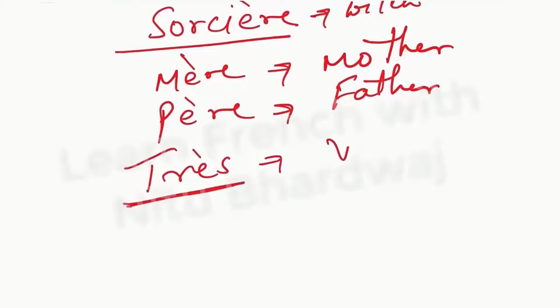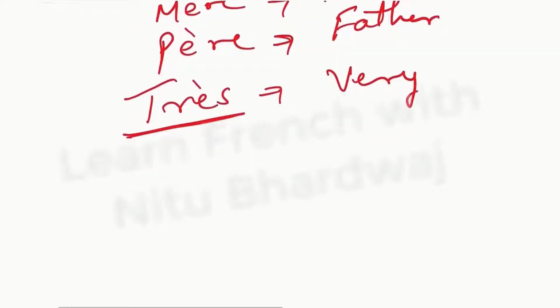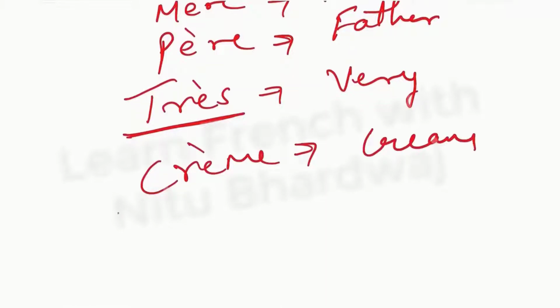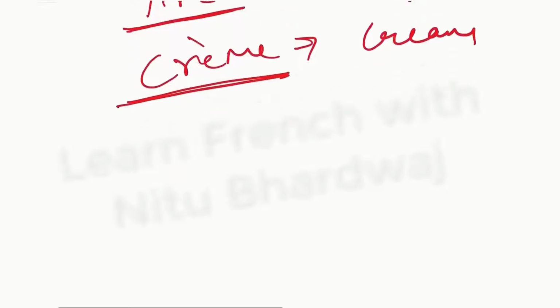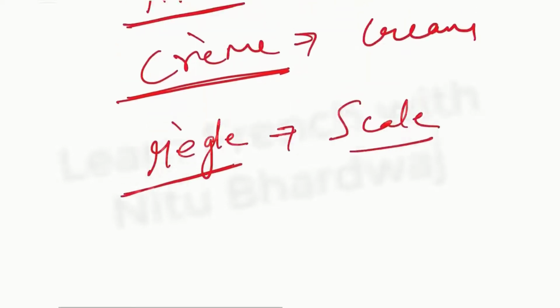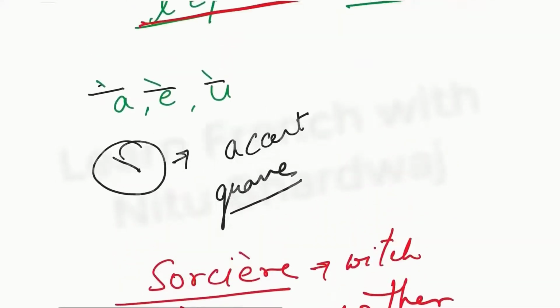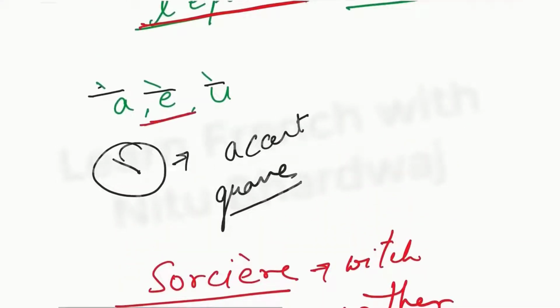This means very. Crème. This means cream. Règle. This means ruler. So, if we are putting it on the top of E, then the pronunciation will change.